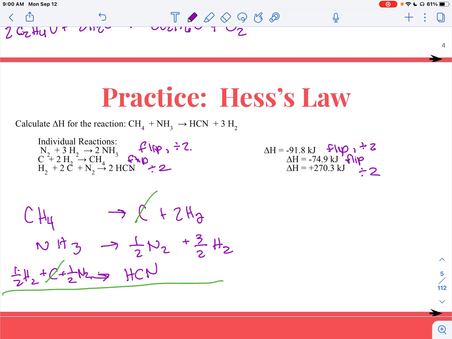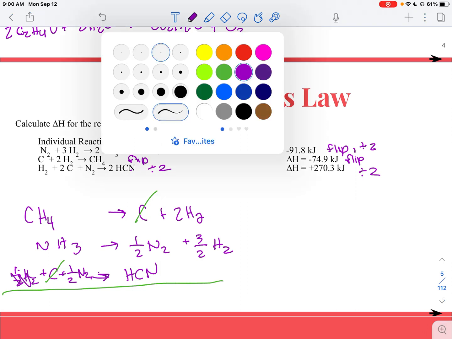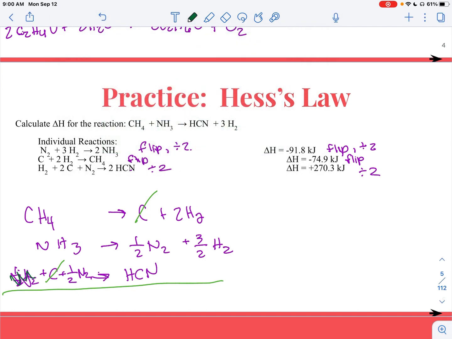Sorry, I'm looking at the wrong one. So 2 H2 plus 3/2 H2 on one side. We have 1/2 here. So this would become 1. And then the N2s will cancel. So you end up with CH4 plus NH3 gives you a total of 3 H2s plus HCN, which is what we wanted.